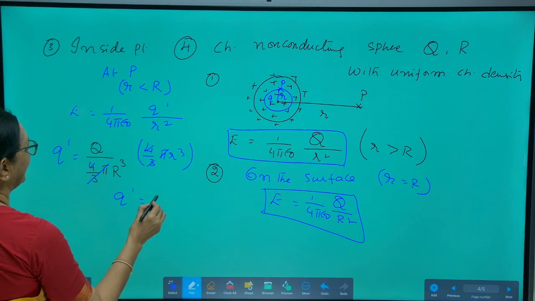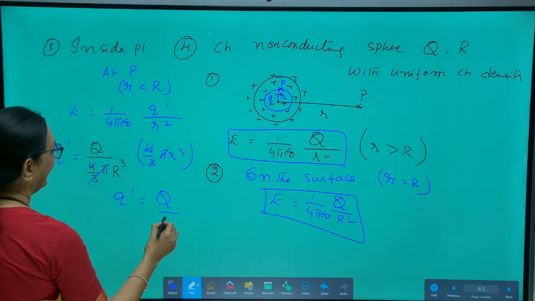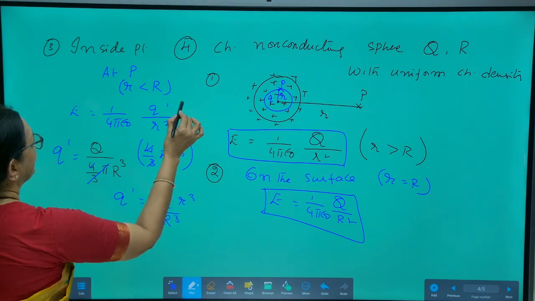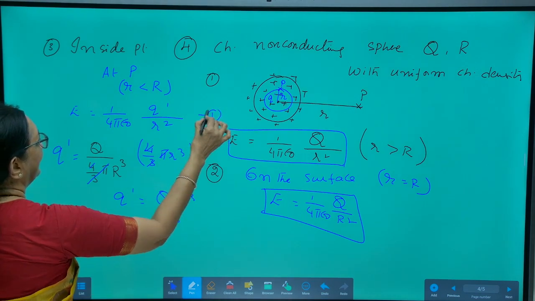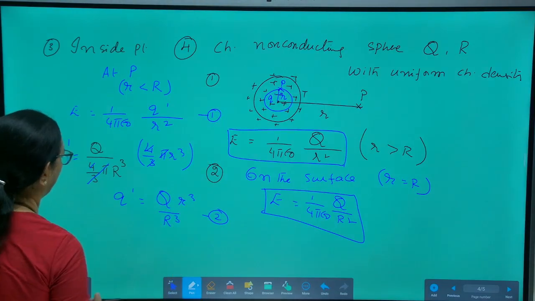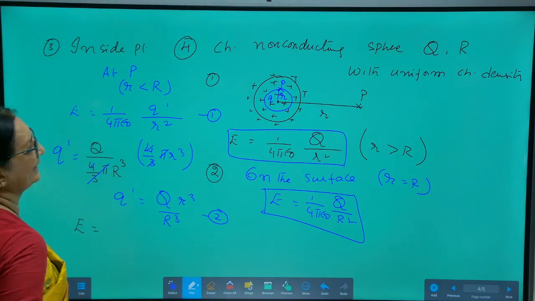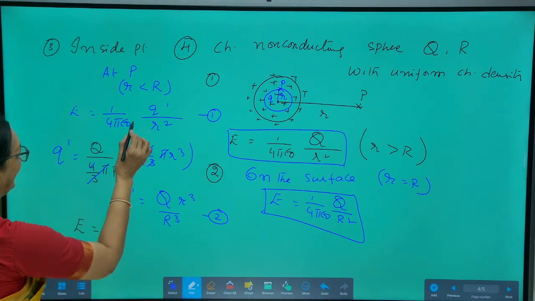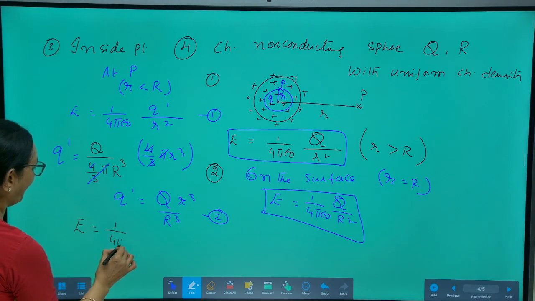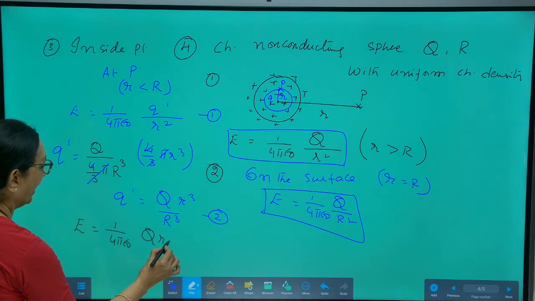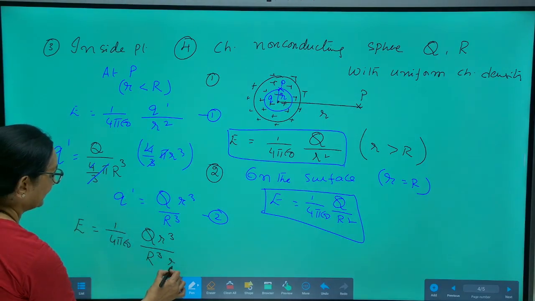Q dash is equal to Q by capital R cube into small r cube. Substitute that in the first expression. So electric field intensity at any inside point of a non-conducting sphere is 1 by 4 pi epsilon naught, Q dash is Q r cube by capital R cube, by r square.